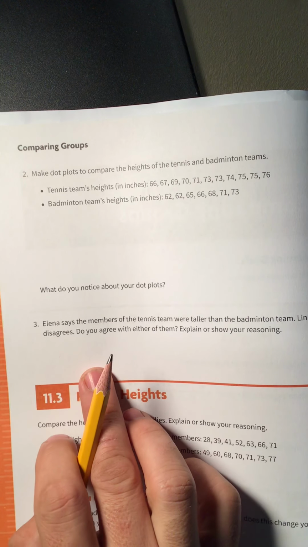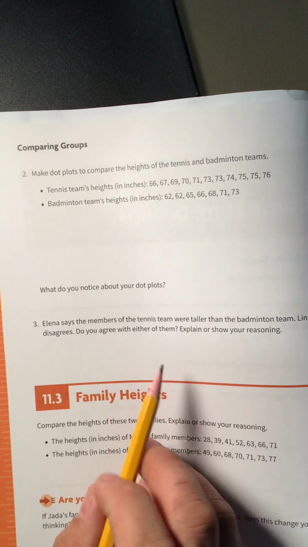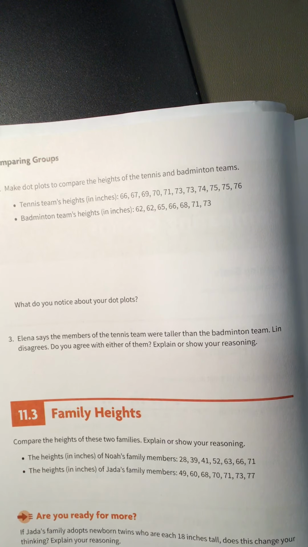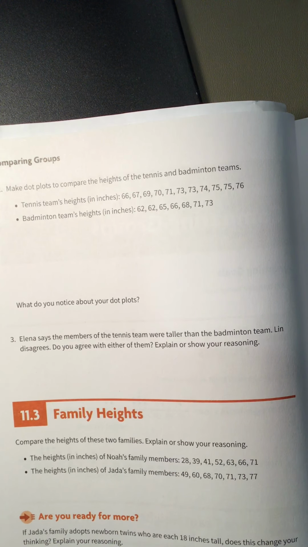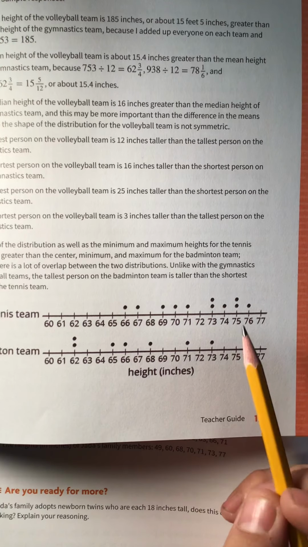Number 3. Elena says the members of the tennis team were taller than the badminton team. Lynn disagrees. Do you agree with either of them? Tennis team is taller than the badminton team. Again, that's not the case for all of them.